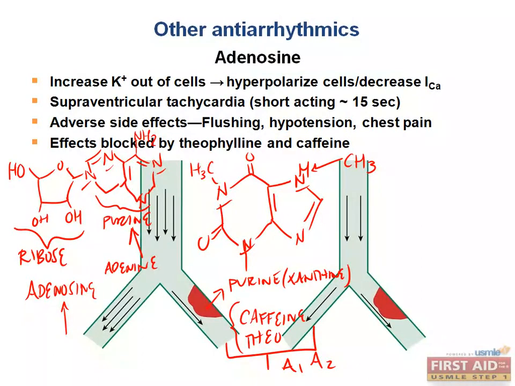So we already said that both caffeine and theophylline are non-selective adenosine receptor antagonists. But in addition to that, theophylline is actually a phosphodiesterase inhibitor, which means that it will inhibit the enzyme phosphodiesterase that is responsible for the breakdown of cyclic AMP. Without the breakdown of cyclic AMP, we get an accumulation of cyclic AMP. This helps reverse some of the side effects associated with adenosine, particularly the bronchospasm, because now we can allow the bronchioles to relax a little bit more.